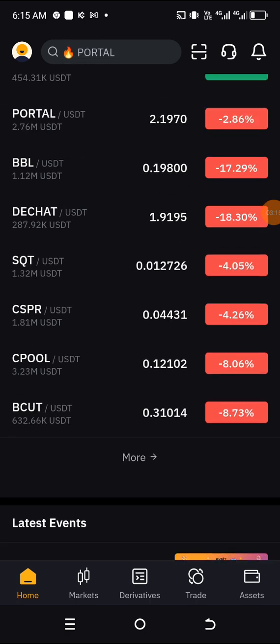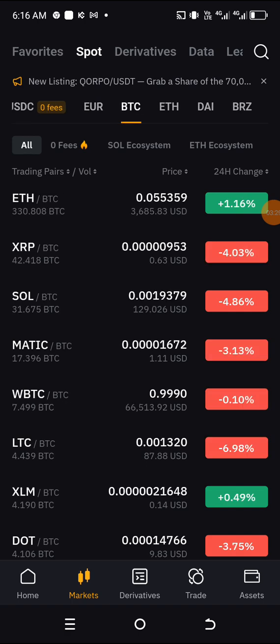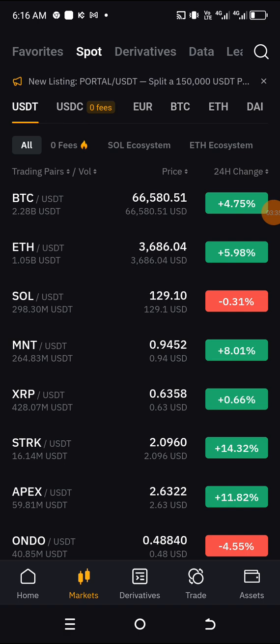If you go to Market is where you see all coins of your choice. Market is where you can run your arbitrage. You buy in between this and sell to that. When you find any coin here under BTC, and you find the same coin here under USDT, you can run arbitrage between them.